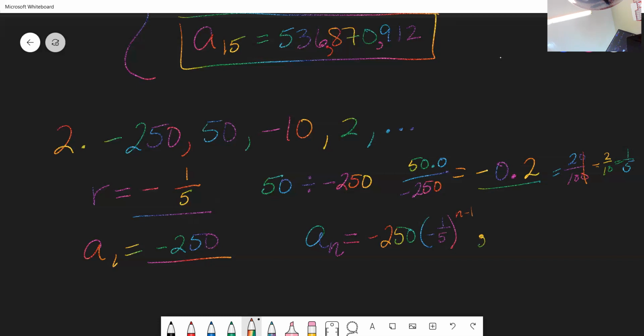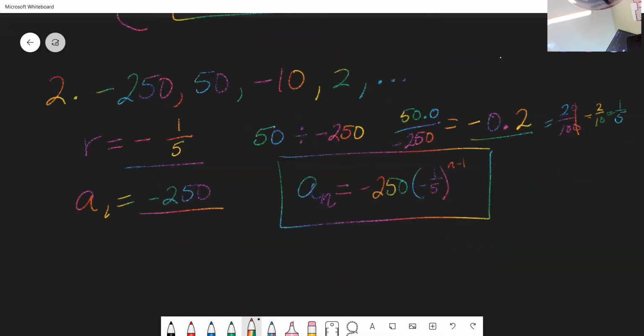Do we need that? That's right. We're doing the explicit formula. My bad. That's why we don't need to define a1. We already have it. I got so distracted. Okay, so that's our explicit formula for this sequence.